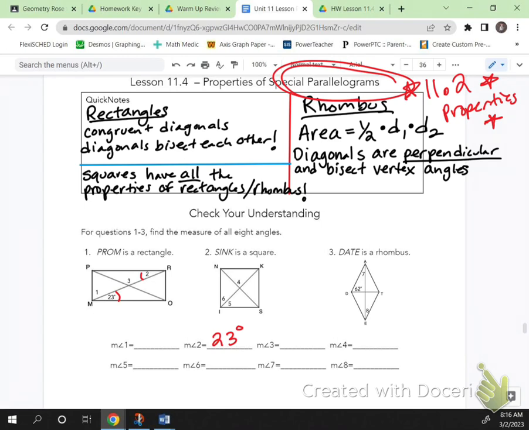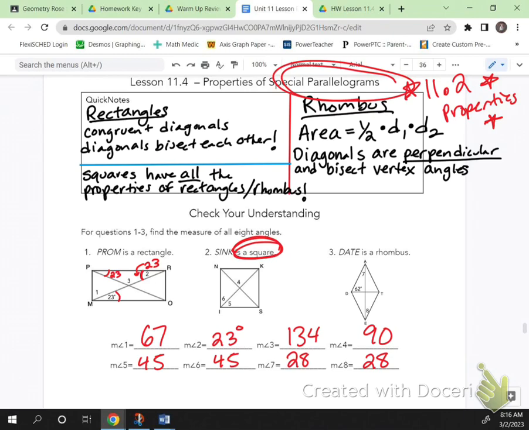Remember, you also have some congruent triangles. So this will help you find angle 3. And the next one, you've got rectangle ABCD. It tells you DW is 6, BC is 11.